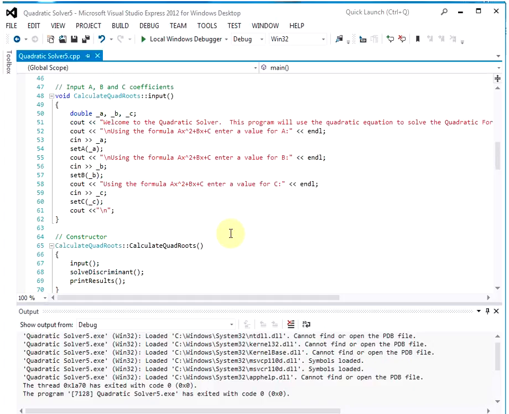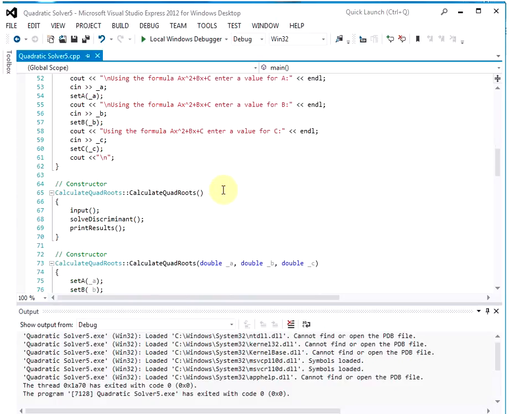Then the second function I have here is the simple constructor with no parameters. It's interesting. All this does is, remember what happens. When you use a constructor to make an object, it makes the object and it runs what's in the constructor. So here, after the object is made, I invoke the input function, prompt for the input.